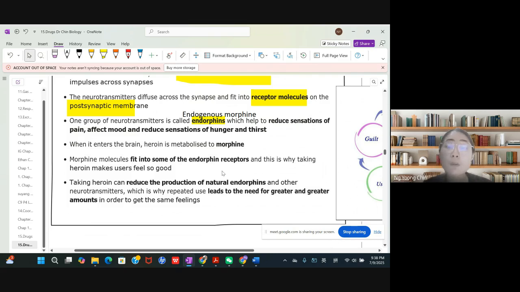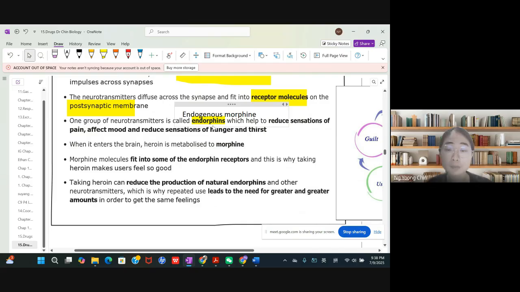So in the normal way, for healthy people without taking any morphine, their body will naturally release endorphin. This endorphin is produced whenever your body feels a lot of pain, or you have something like negative emotions.